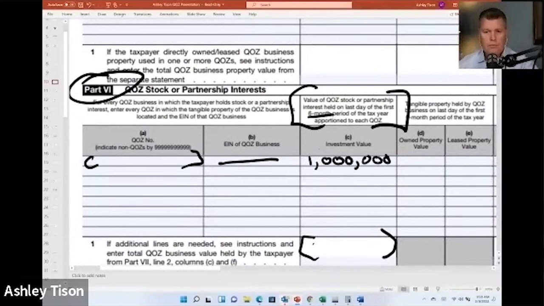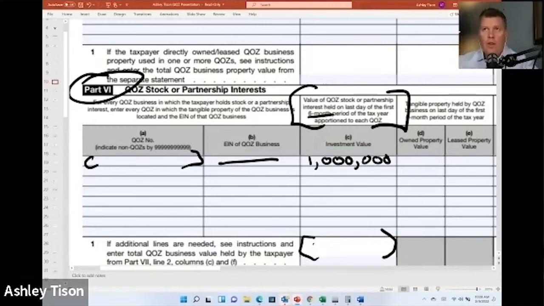And so this number right here that's inside of this value of QOZ stock or partnership interest is either going to be your cost basis, or it's going to be as shown on an applicable financial statement. But you would need to have financial statements that would drive that if you're going to put in a different number than what you placed into the deal at the outset.